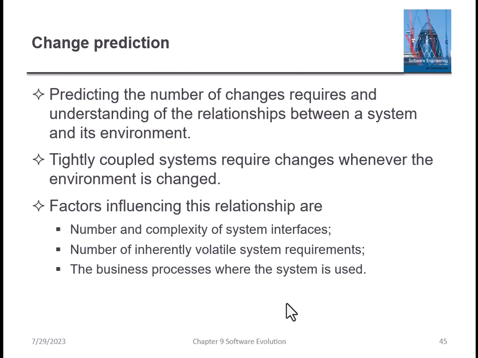Factors influencing these relationships are the number and complexity of the system interfaces, and the number of inherently volatile system requirements. Volatile system requirements means that these requirements are not fixed but can evolve over time, depending on the nature of the business process and the goals. If we take the example of ERP systems, the policies of accounting and the policies of marketing are the best examples.